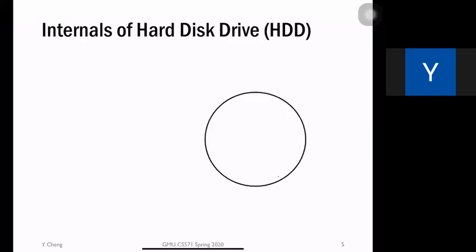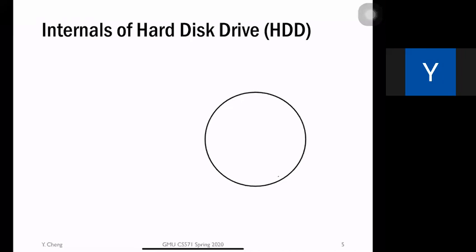So in the next couple of slides, I'd like to use this graph to better illustrate how exactly a hard disk drive looks internally. Okay, so here this circle is essentially a hard disk drive platter. It's just a two-dimensional graph. These slides won't capture the 3D feature, because a hard disk drive is essentially 3D internally, but here it just captures a single platter, which is 2D.